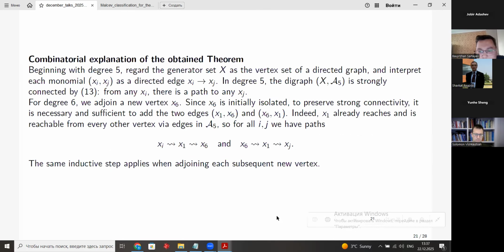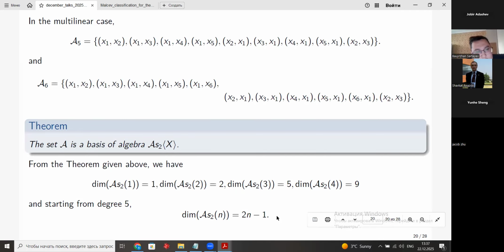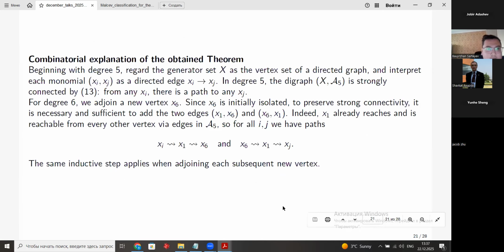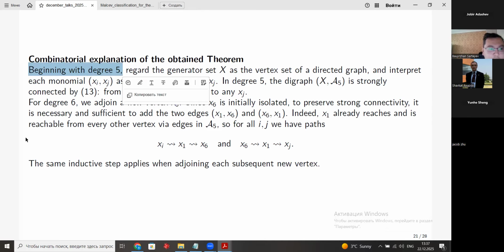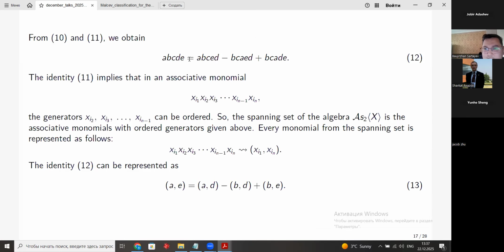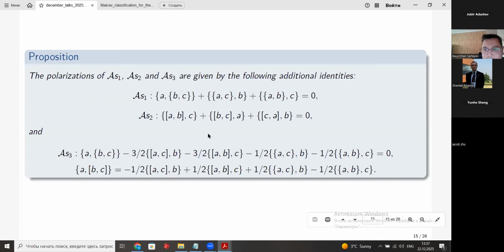Now, let me explain the combinatorial meaning of this algebra, the combinatorial explanation of the theorem. Of course, this combinatorial explanation works only from degree 5, because we have such beautiful identities only from degree 5.